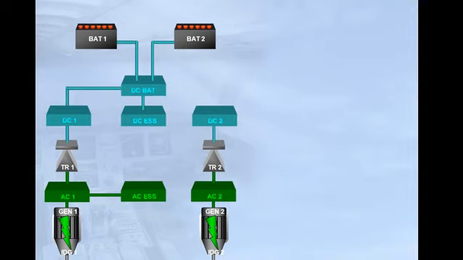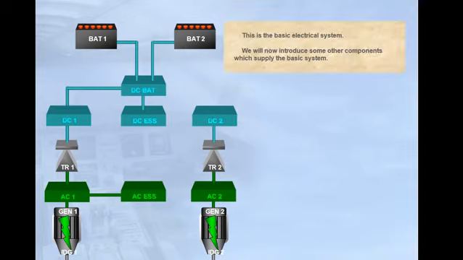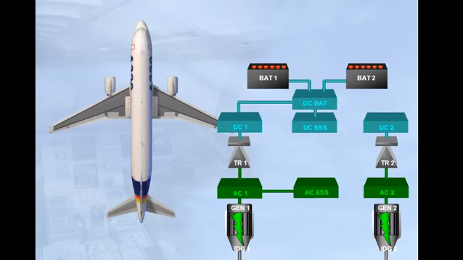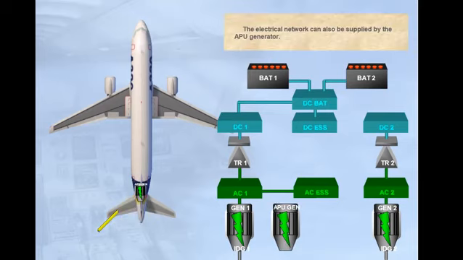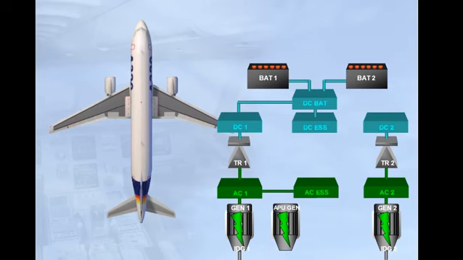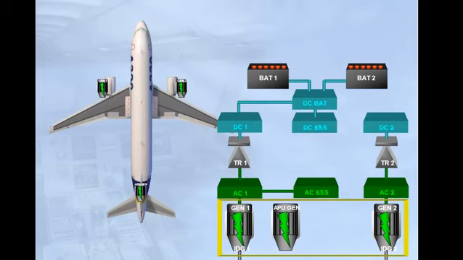We will now introduce some other components which supply the basic system. The electrical network can also be supplied by the APU generator. These three generators are all identical, and any one of them can supply the entire aircraft electrical needs.